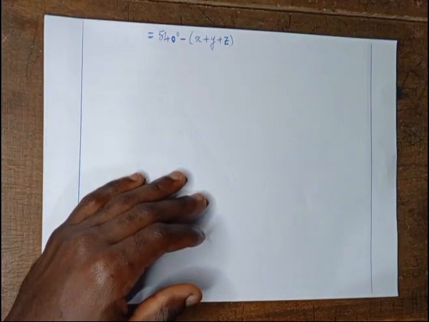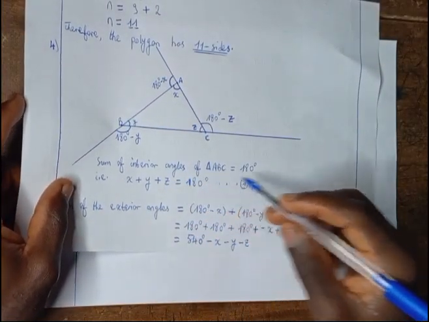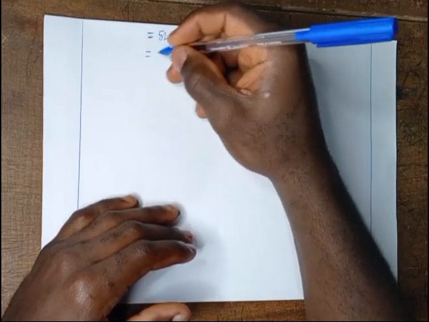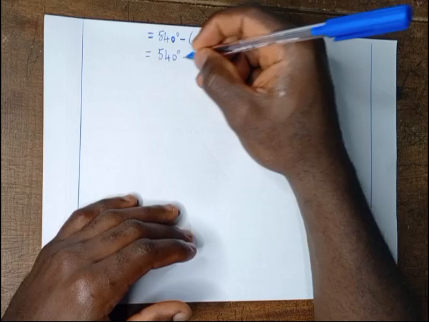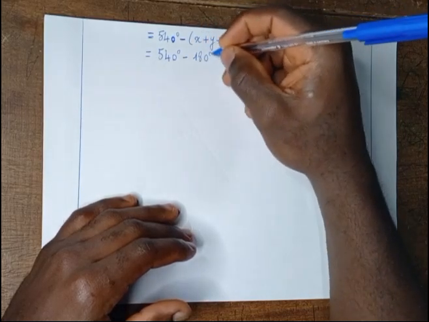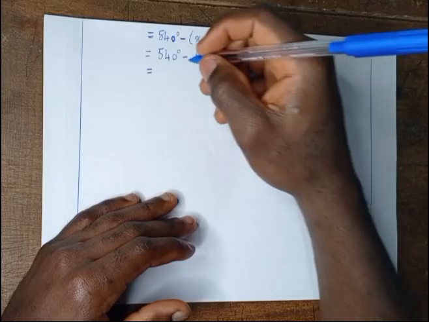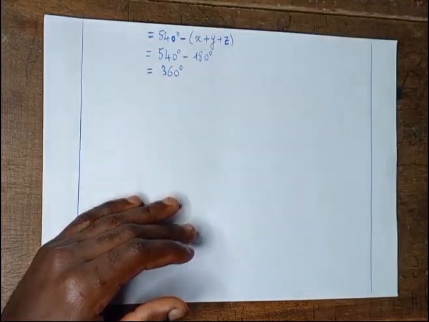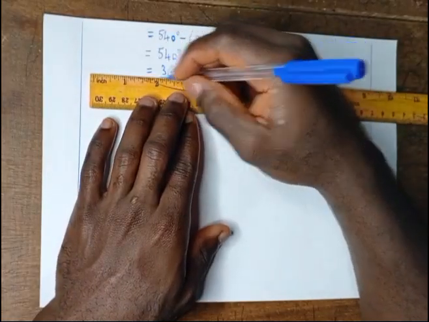We know from equation 1 that x plus y plus z is equal to 180 degrees. So we are going to replace x plus y plus z with 180 degrees. This will give us 540 degrees minus 180 degrees, which will give us 360 degrees, which is what we have to show.